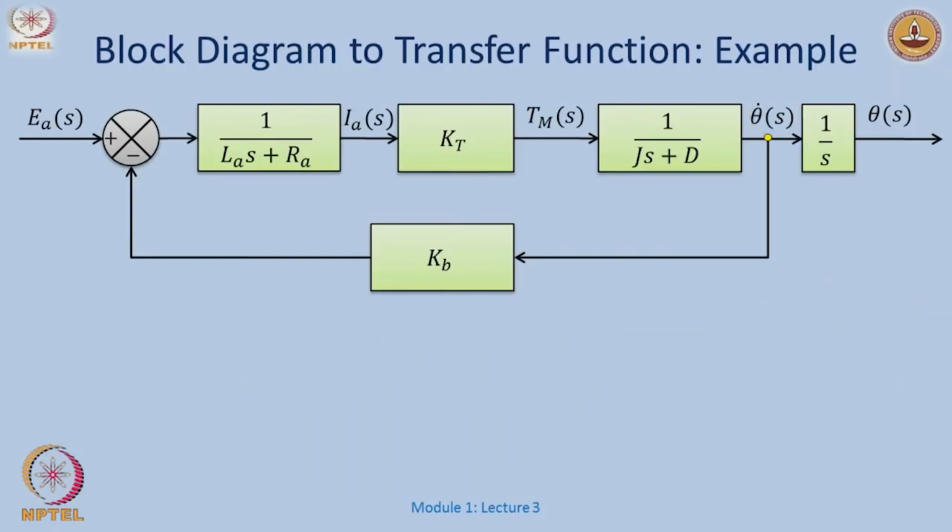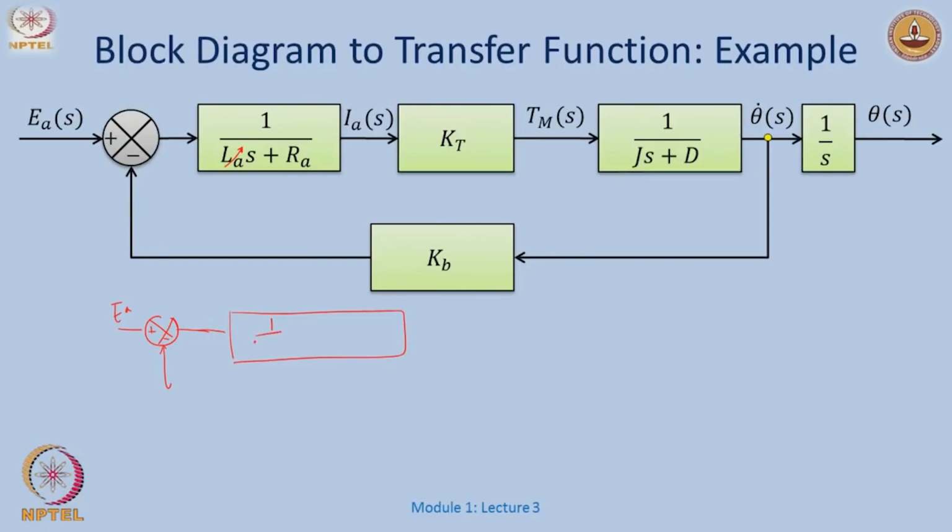So how do I get the transfer function for this? Let us for simplicity say I just ignore L for the moment. So I will have Ea, a negative feedback loop, and so I will have a single block here. All this would simply be multiplied.